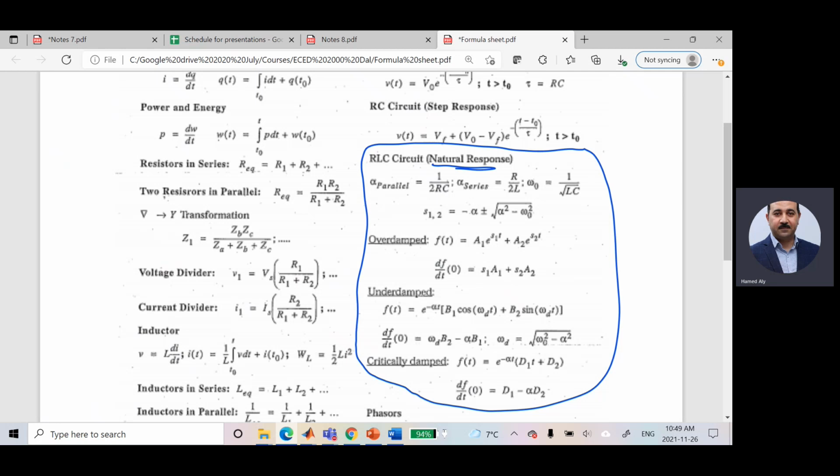natural response, we are finding the voltage equation or the current. We derive the voltage equation. So if I'm talking about natural response RLC parallel, we derived the equation of the voltage. Then what does f of t represent?